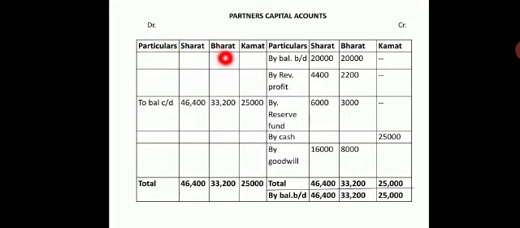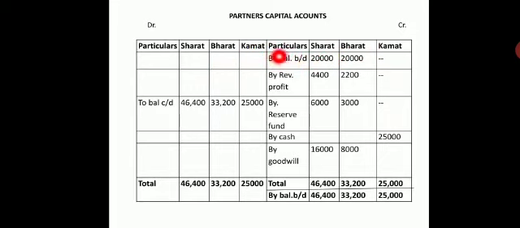On the debit side we write particulars Sharat, Bharat and Kamath. Similarly, on the credit side, Sharat, Bharat and Kamath. Students, below the names of the partners, the denomination of rupees has to be mentioned. Otherwise, 1 mark will be cut in the exam if rupees is not mentioned.